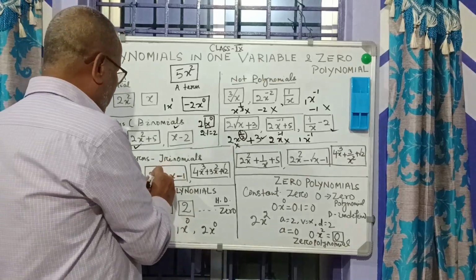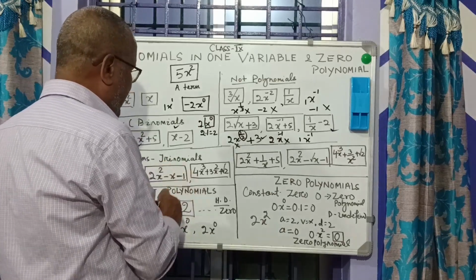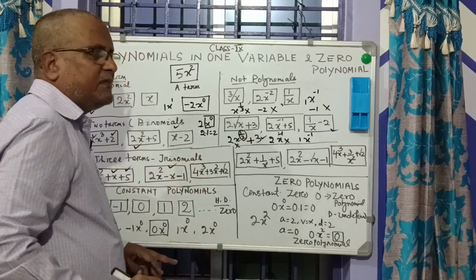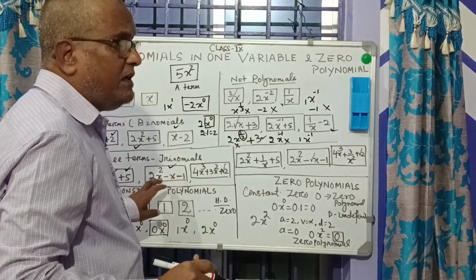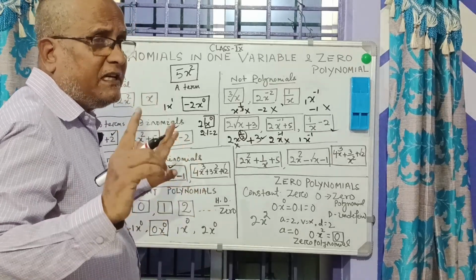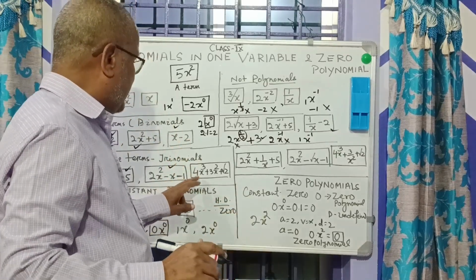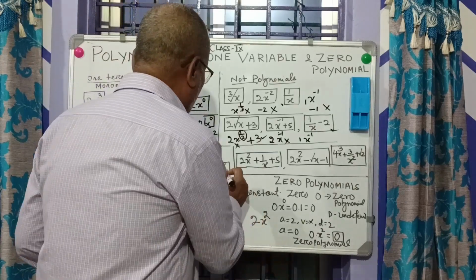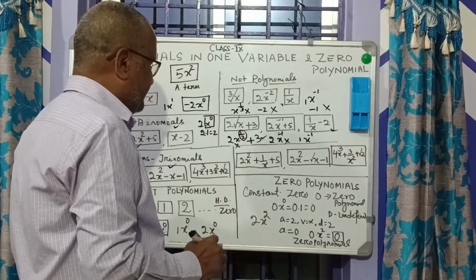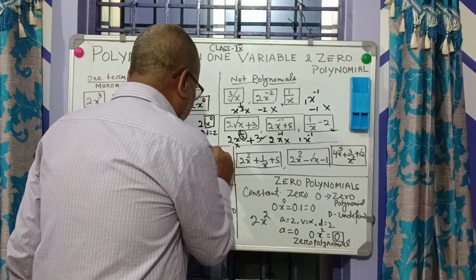Similarly, 2x square minus 6 minus 1 satisfy the three conditions of a polynomial. Each term satisfies three conditions. Similarly, 4x cube, 3x square plus root 2. Here root 2 is a constant. Root 2 is an irrational number that you know.